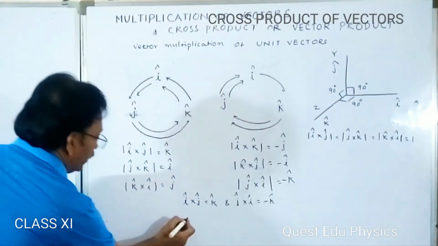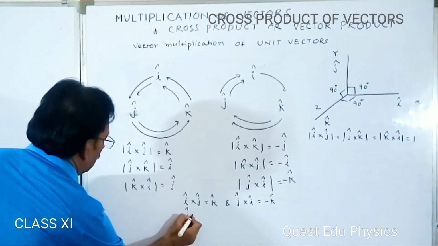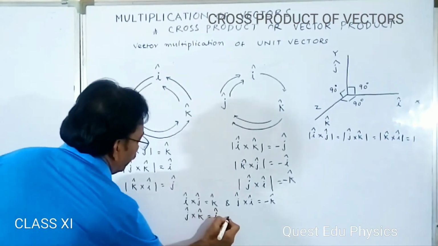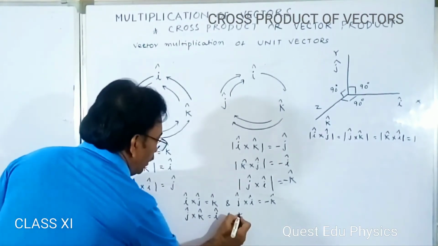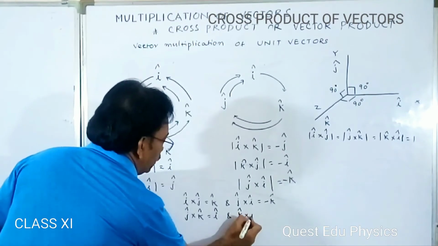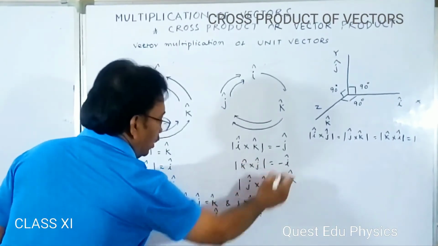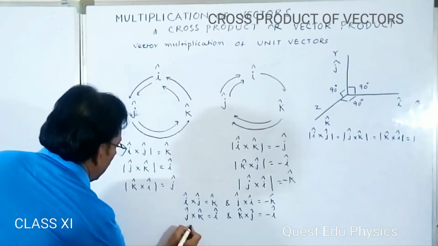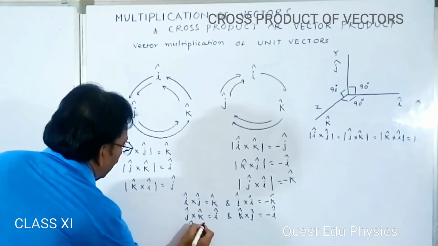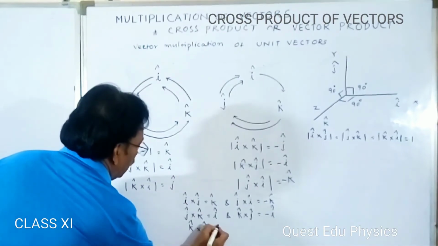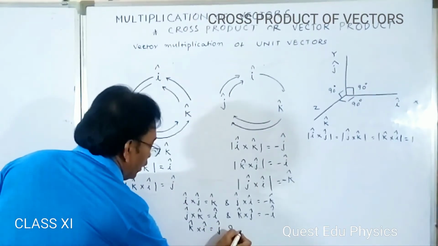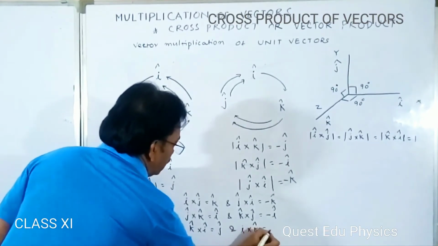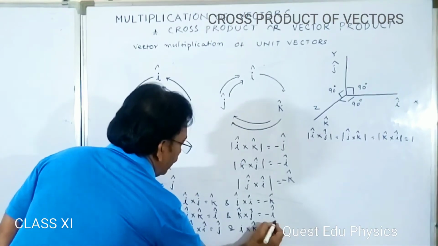Okay, and go with this. j cap cross k cap is equal to i cap, and k cap cross j cap is equal to minus i cap. And third one, k cap cross i cap is equal to j cap, and i cap cross k cap is equal to minus j cap.